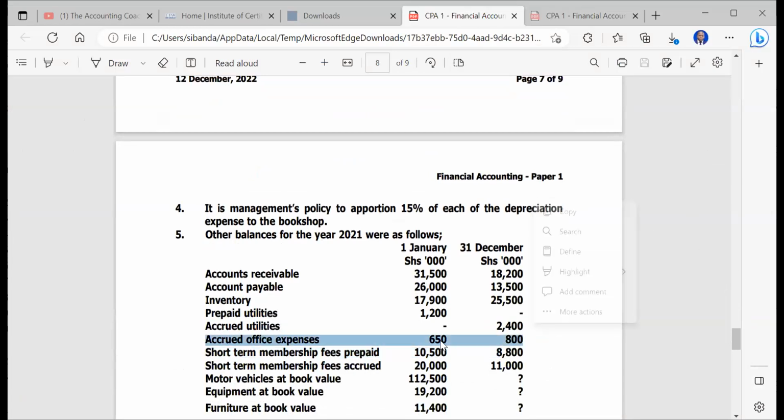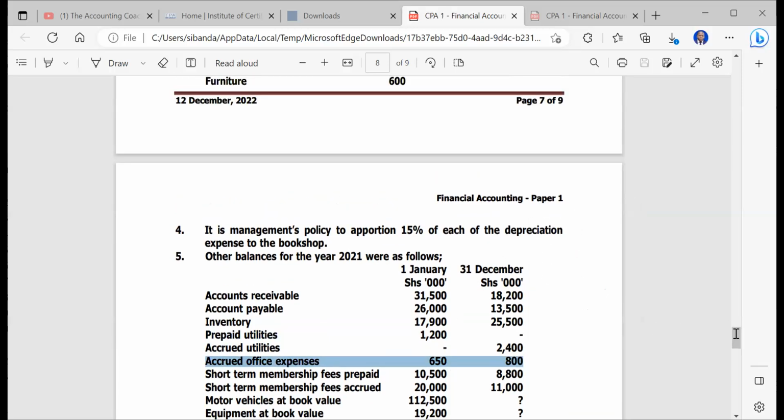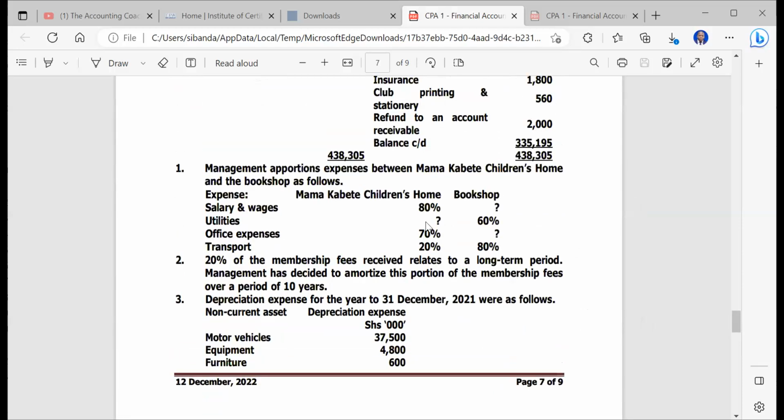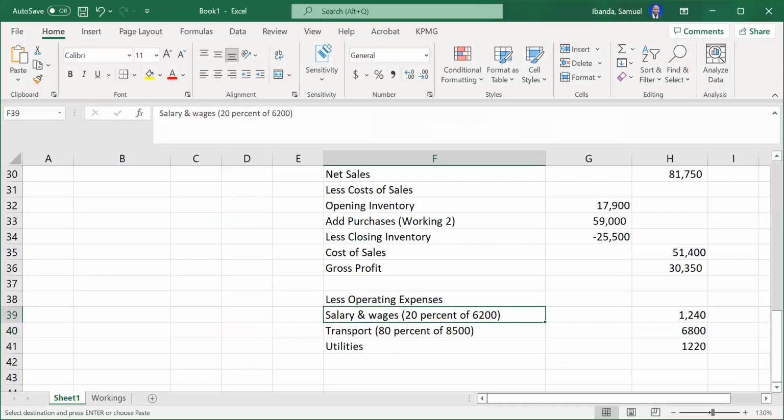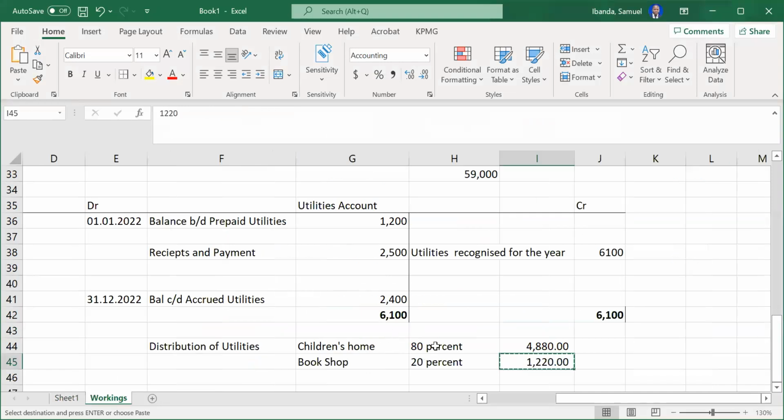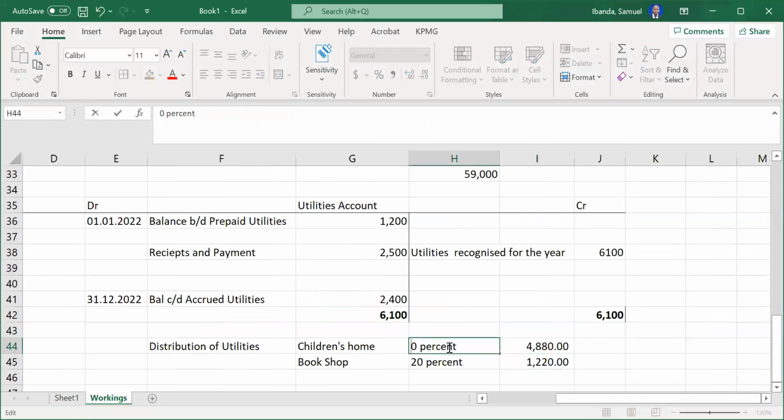Yes, sir. Yes, proceed with your question. I've seen the percentage for utilities is different there. It is 60. Okay. Thank you. So we can just try to correct that. So this is 60, you're right.